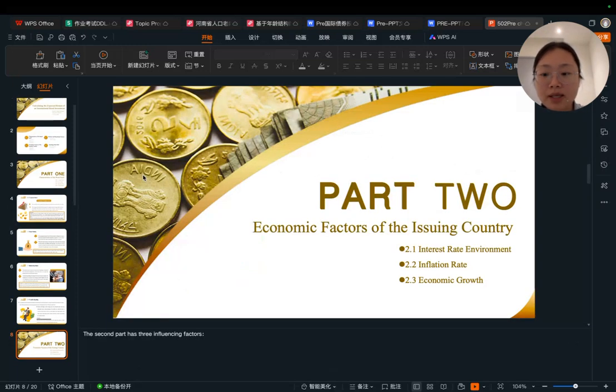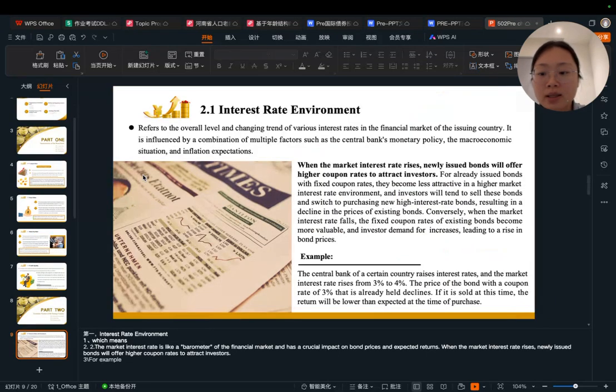The second part has three influencing factors: interest rate environment, inflation rate, and economic growth. The first, interest rate environment, which refers to the overall level and the changing trend of various interest rates in the financial market of the issuing country.